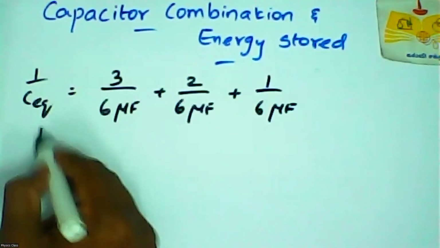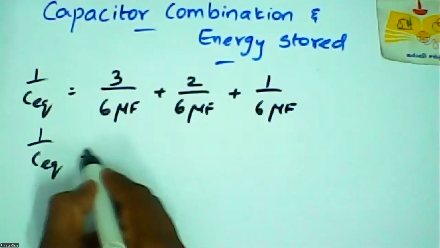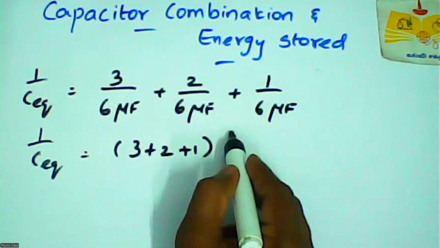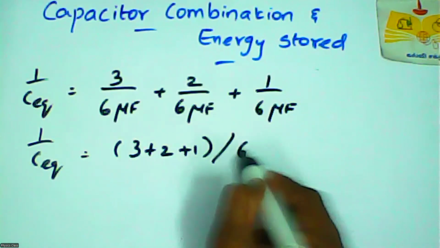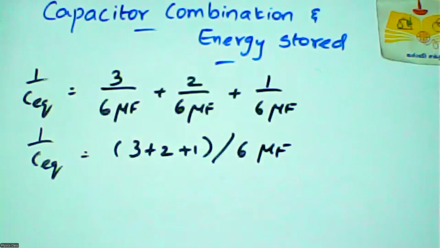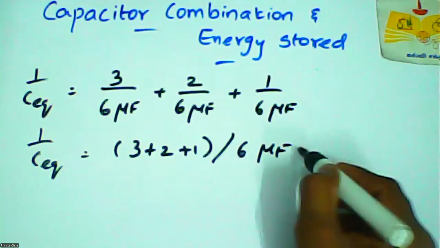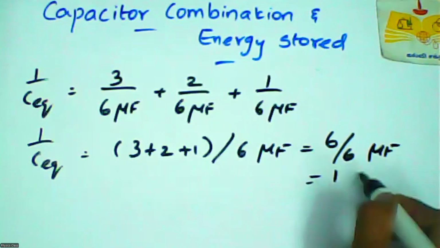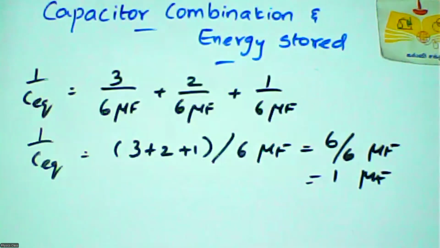Already you know that 1 by C equivalent equals 3 plus 2 plus 1 whole divided by 6 microfarads. Clear? So 3 plus 2 plus 1 means 6, so 6 by 6 microfarads, we will get 1 microfarad.